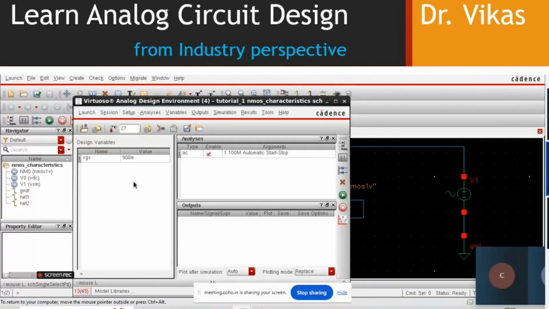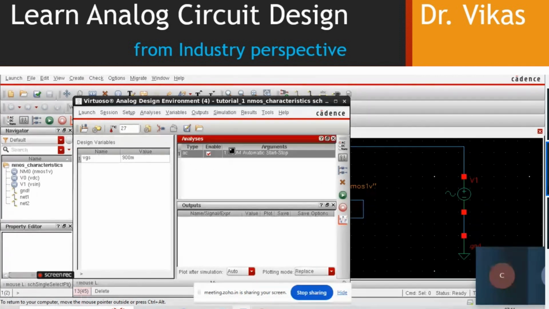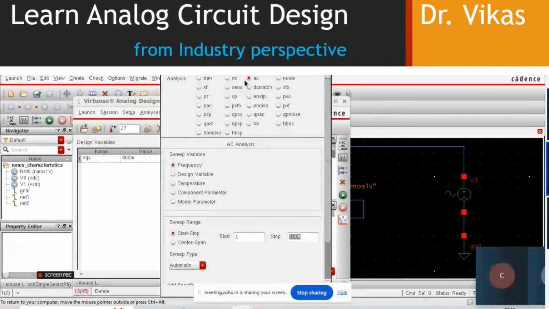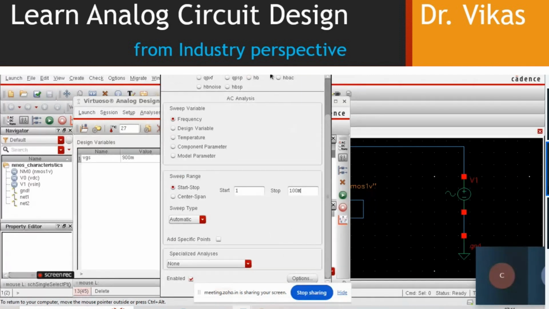Because I am calculating the output resistance right now, I'm just trying to observe the scenario at the output side. So here I'll choose AC analysis. I have taken the frequency sweep from 1 to 100 megahertz.